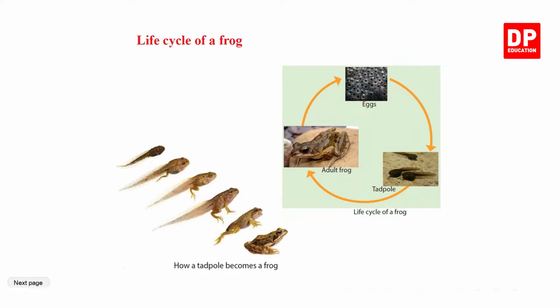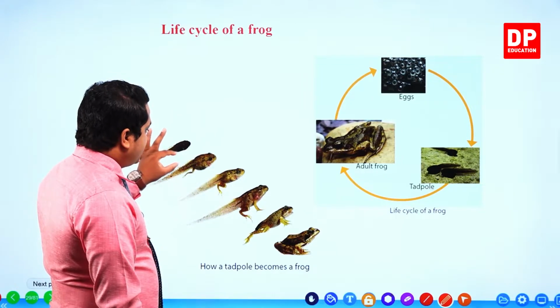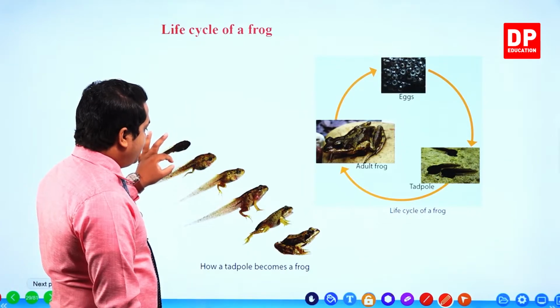These are the structures which we can observe within the tadpole when it is getting converted into a frog. As you can see here, it has a tail and fin-like structures that help for swimming. Then gradually the limbs are getting developed.